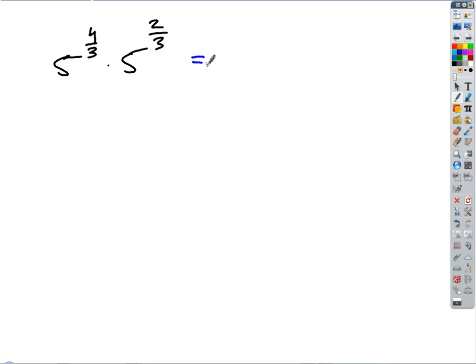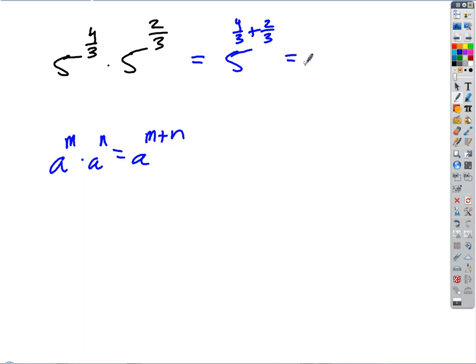Right, we keep the base the same because we know that a to the m times a to the n is just a to the m plus n, right? So the base stays the same. It's still 5, but I'm going to add the two exponents, 4/3 plus 2/3. 6/3. So I get 5 to the 6/3. Well, what's 6/3? 2. So that's 25.